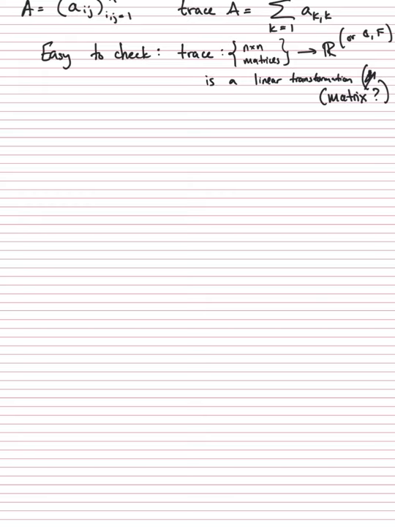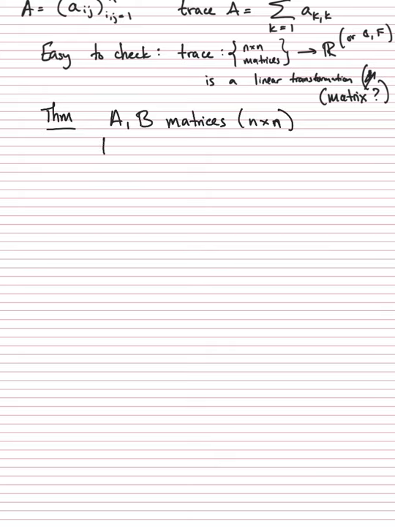So here's the main property, and this is something that I'm going to leave as homework. If you take two matrices, A and B, again, I'm just going to assume that they're square and of the same size. You can do a similar thing for n by m and m by n, but I'm just going to do this case.